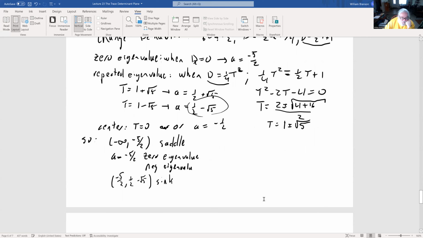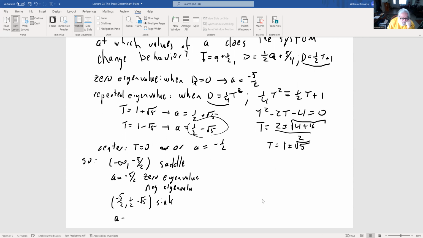And then at a equals 1/2 minus square root of 5, we have a double negative eigenvalue. And then from 1 minus square root of 5 to minus 1/2, we have a spiral sink.